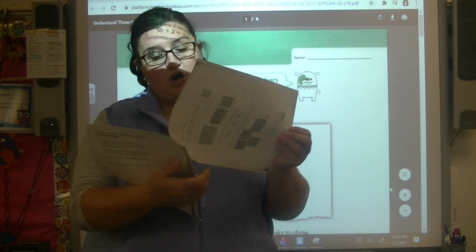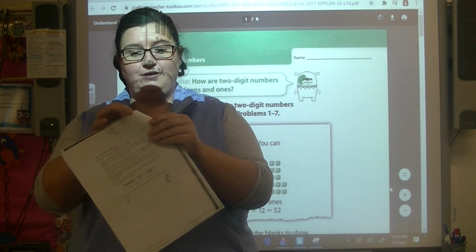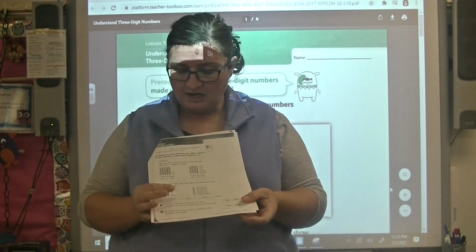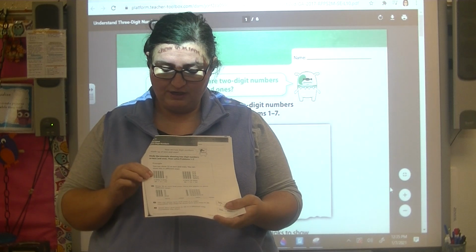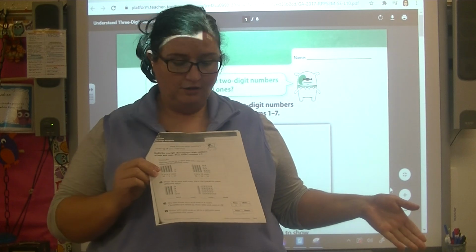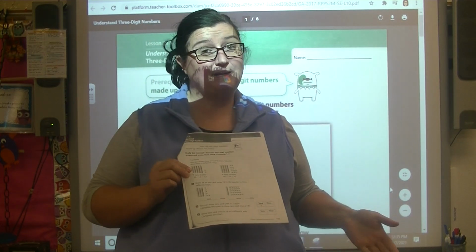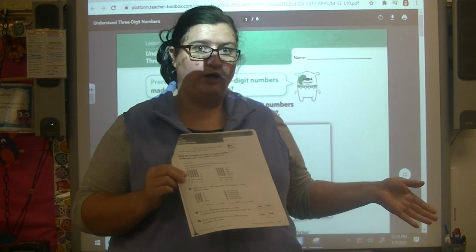It also talks about how you can show a place value in a different way. It shows how you can show 5 tens and 2 ones, or you can move a group of tens over to the ones place and add that group of tens as 10 ones.